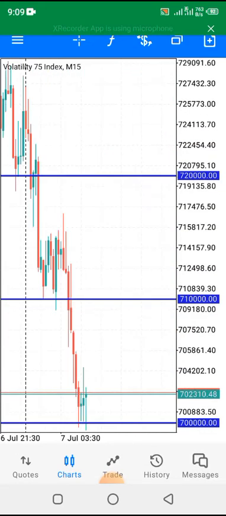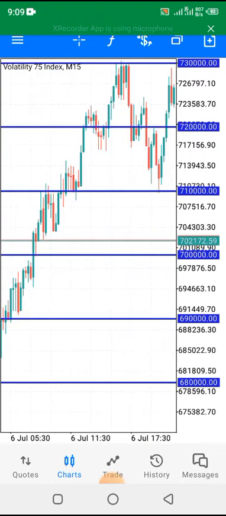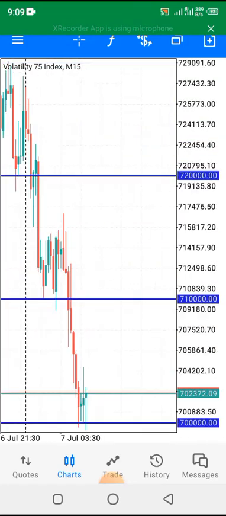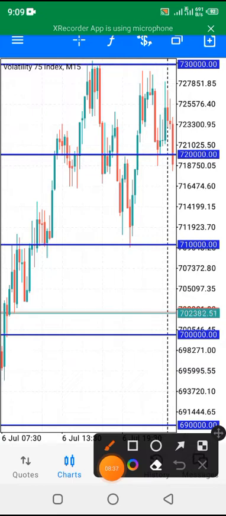I don't know if you understand me, but plot these levels and try trading through them. So in resistance, remember to sell. At support, you buy, right? Let me show you. Resistance, sells.